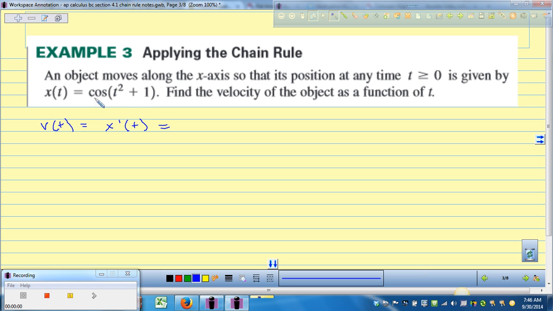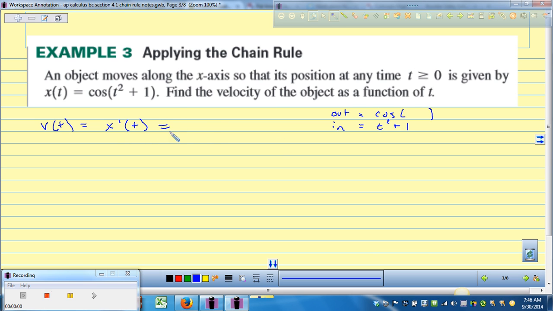Outside function is cosine, inside function is t squared plus 1. Notice I am not separating the t squared and the 1. Things that are added, subtracted, we'll just keep together.